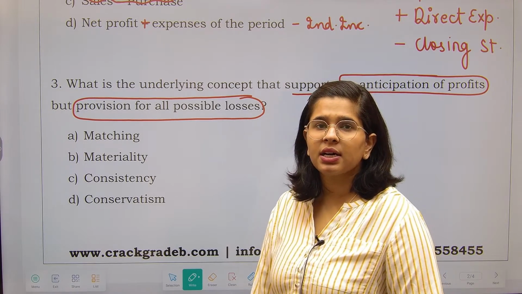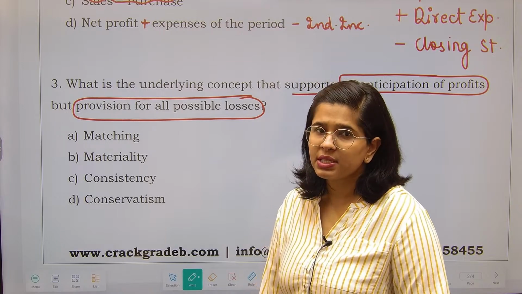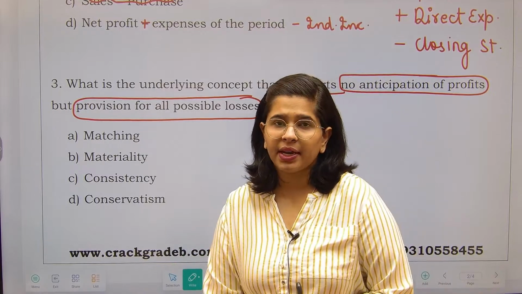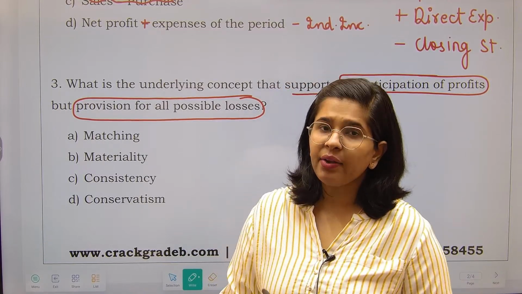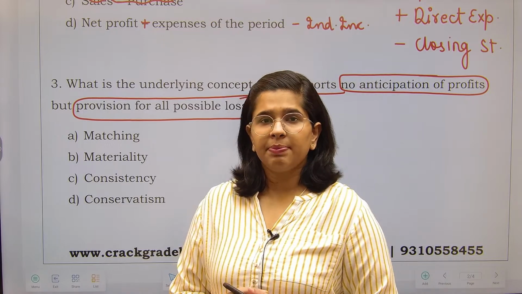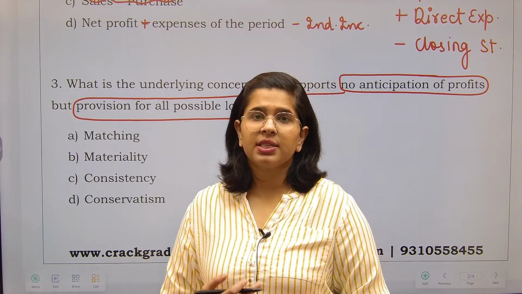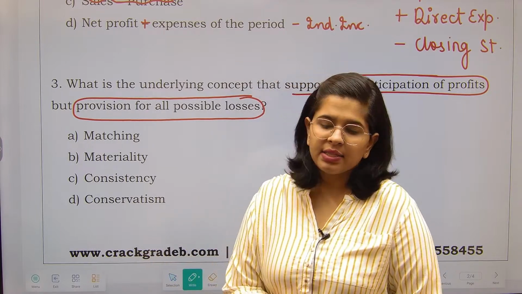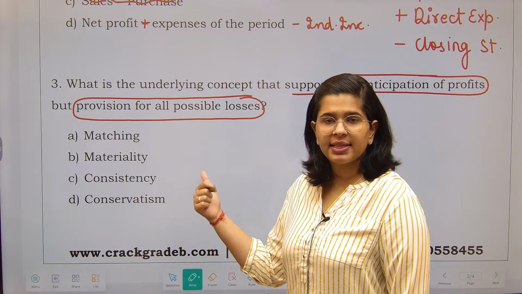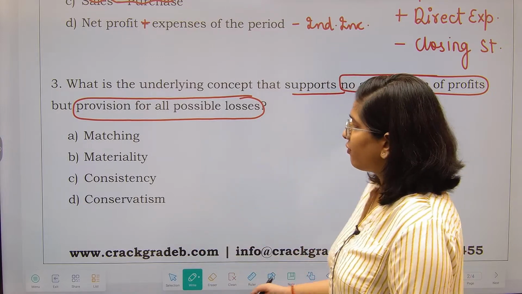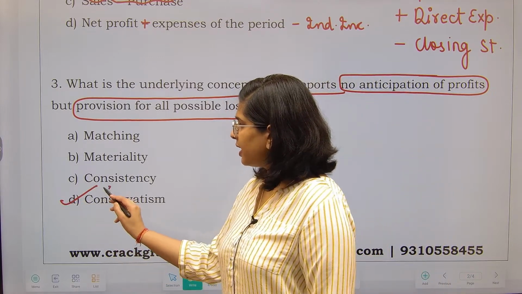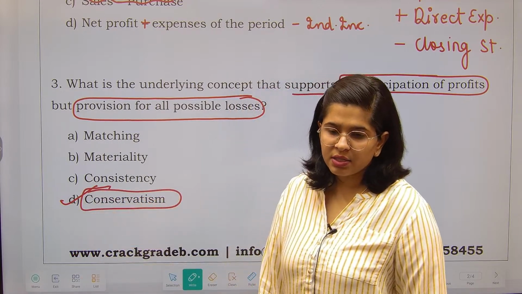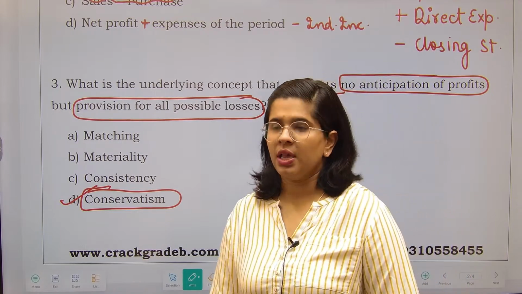Consistency principle means accounting policies and principles should be applied consistently from one period to the other. I repeat: accounting principles, rules and regulations should be applied consistently from one period to the other. That is the lookout of the consistency principle. So we are left with just one option, and that is conservatism.